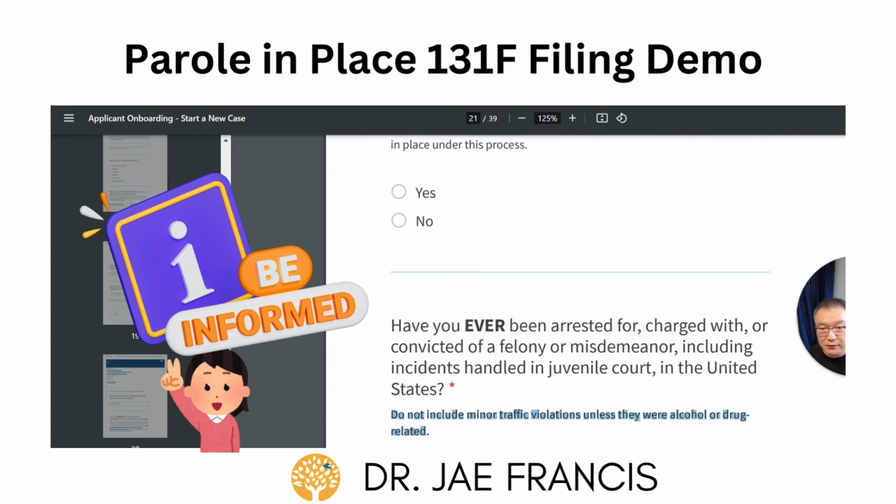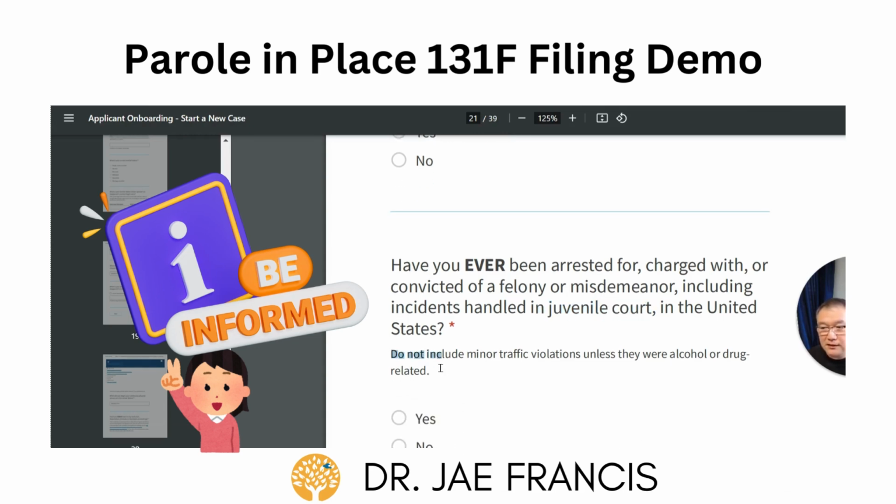Now, there will be a series of questions about your criminal records. Number one is about your criminal records in the United States. Very important: they're asking whether you were arrested, charged, or convicted of either a felony or misdemeanor, even in juvenile court in the United States. They say do not include minor traffic violations unless they are alcohol or drug related.